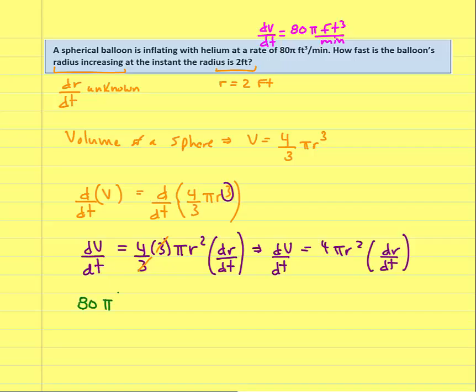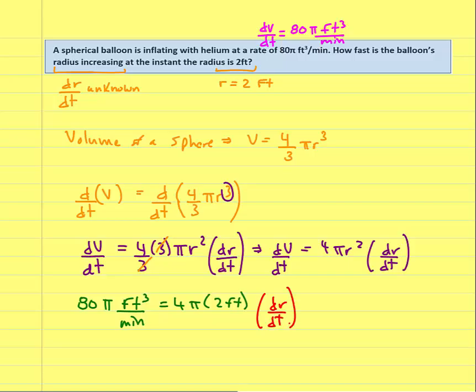And then remember, I want to keep my units with me because they're going to make sure that everything is canceling correctly. And this equals 4 pi, and radius in this case is 2 feet. I want to make sure I have my units in there. And then dr/dt is my unknown. This is what I'm trying to solve for.